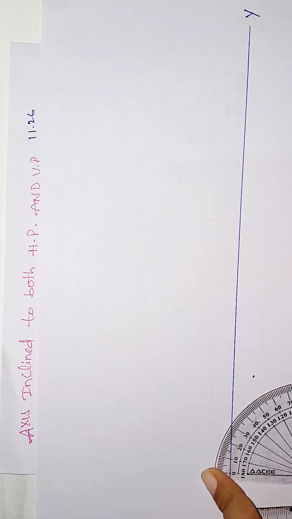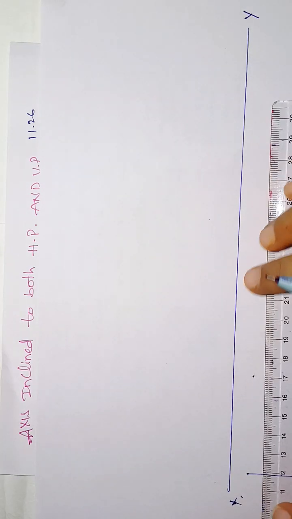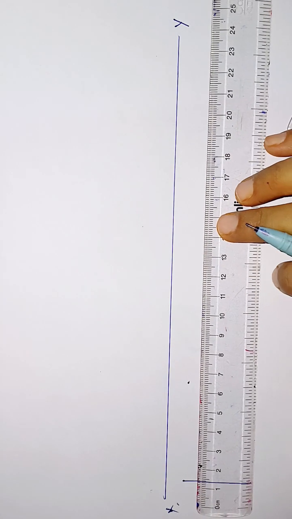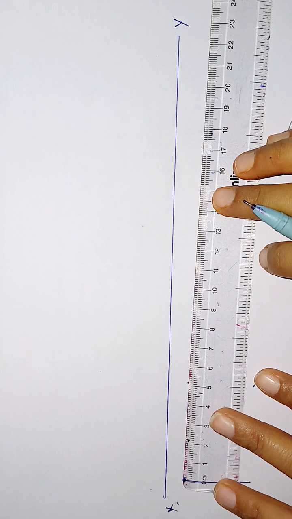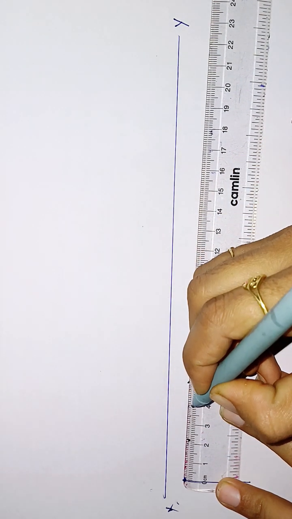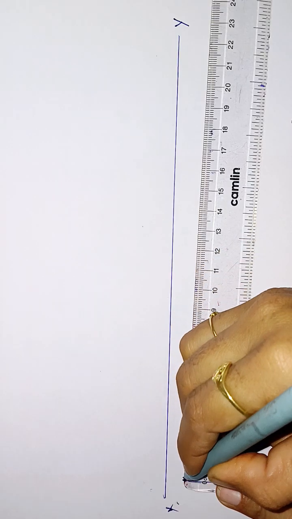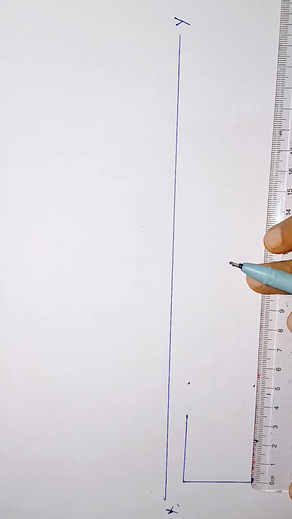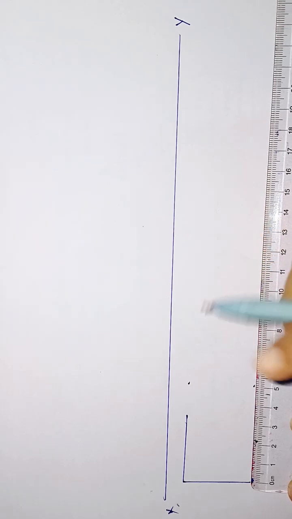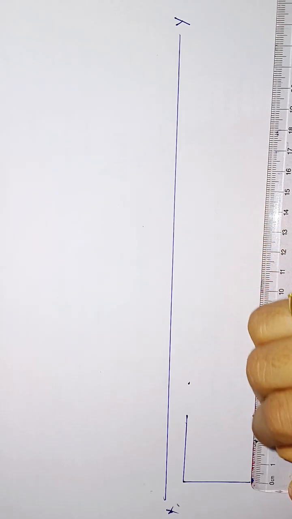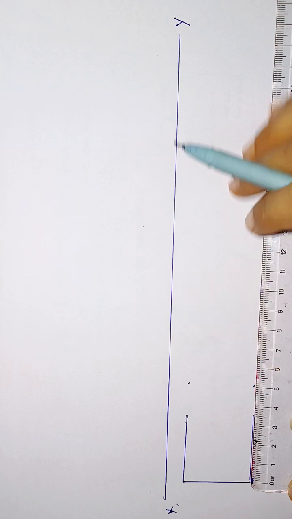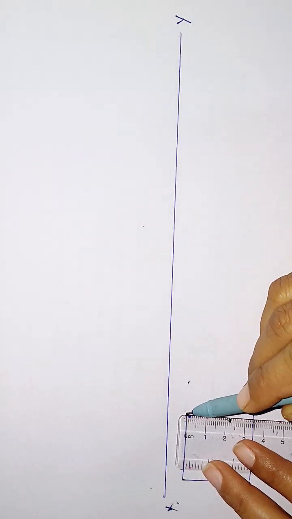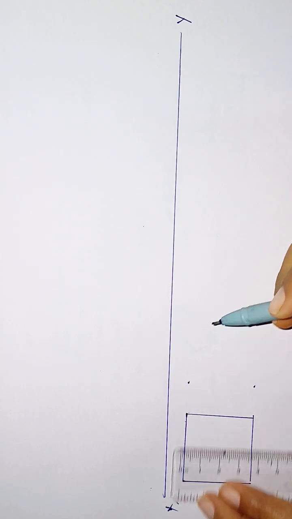Why? Because the angle of the square is 90 degrees, and from this point you have to mark 35 mm. Similarly, from the other point you travel and mark 35 mm, and this one is exactly 35 mm without doubt.